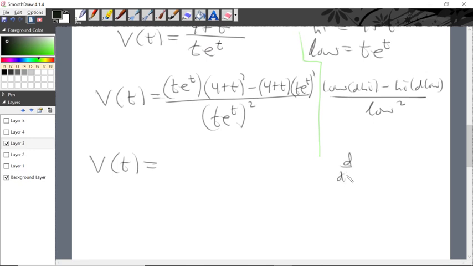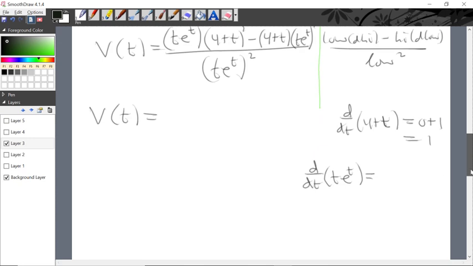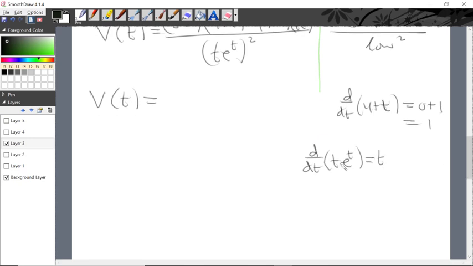Right? So we have the derivative with respect to t of 4 plus t. Well, that's just going to equal 0 plus 1. In other words, it just equals 1. Now, when we take the derivative with respect to t of t e to the t, that's where we're going to need to use a product rule. So we have the first function times the derivative of the second function plus the derivative of the first times the second.